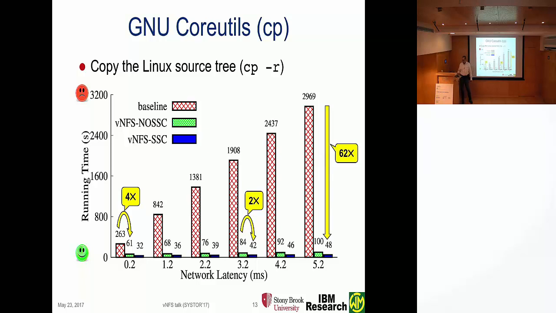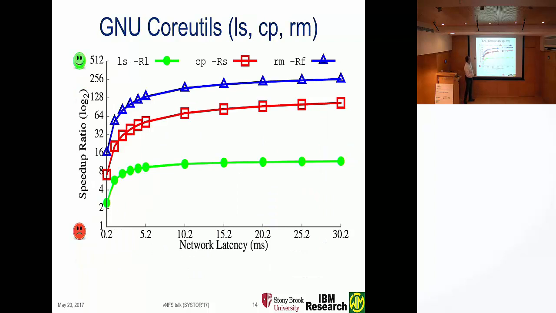So what I'm going to do from now on, I'll only talk about speedup ratios over the baseline. And this is an example of basically recursive ls -R, cp and removal. On the y-axis, we see the log base 2 of the improvement. And on the x-axis, we see the network latency in milliseconds, but now we're going all the way up to 30 milliseconds.